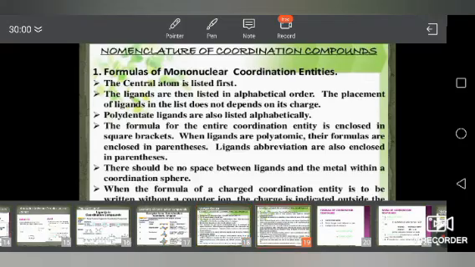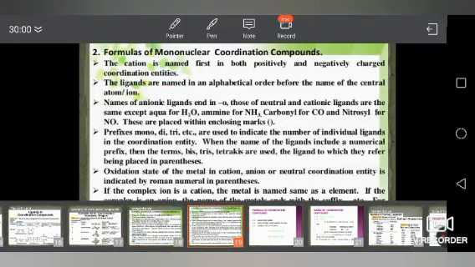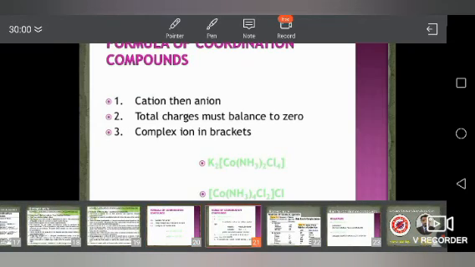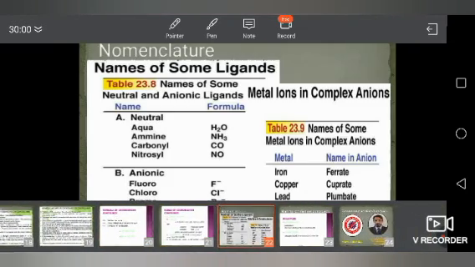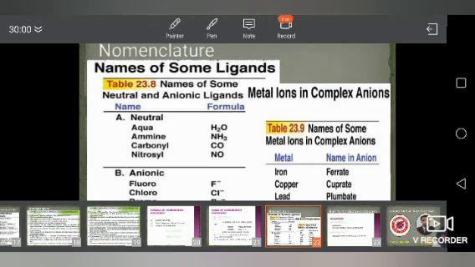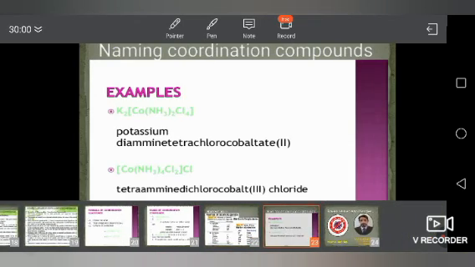These two are very important. You just take a screenshot and learn the nomenclature, try to understand. And this is how to write the formula, what the sequence is, and what the basic names of the ligands and metals are. Then this is the example.